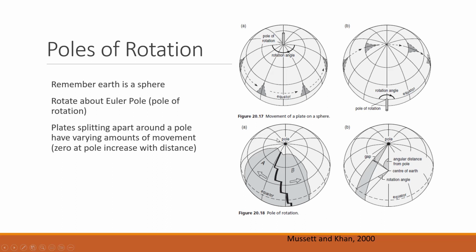So for example, when we look down here at plates A and B that are splitting apart around this pole that happens to be at the North Pole, we see greater offset the further we get away from that pole, and then it decreases as we go the other way. So that's what this is showing here, that our gap gets bigger as we move further away from that pole.